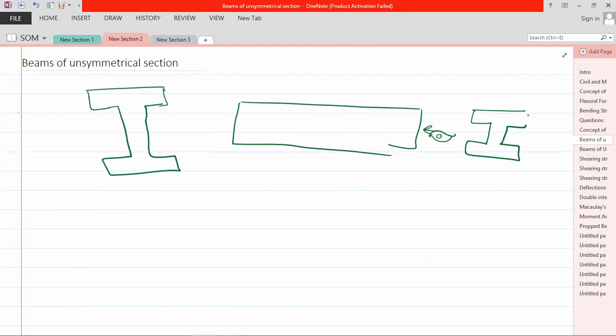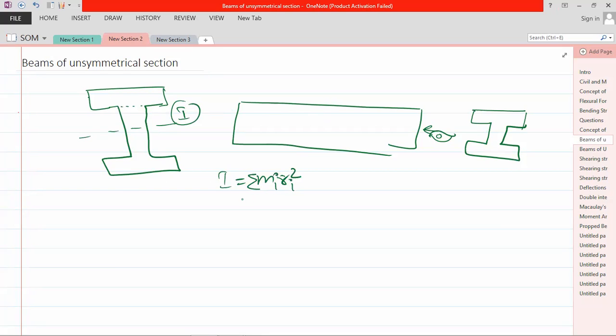Now why did they make it an I section? The main reason is the distance, because it increases the I. I hope you know I is equal to sigma m r square.